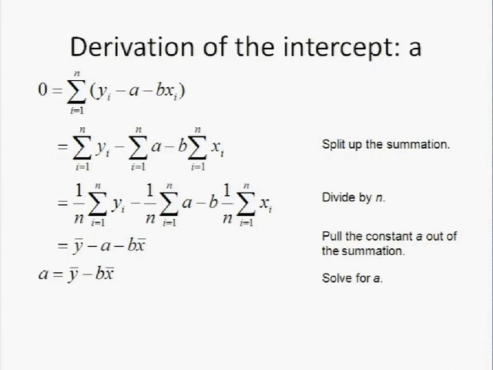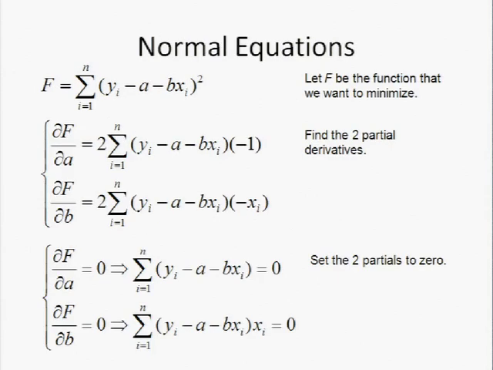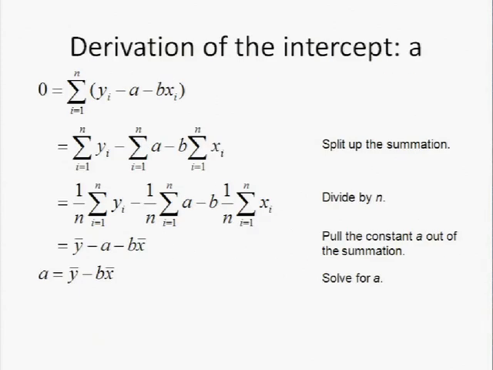All right, so let's derive the intercept a. That's actually not so bad to do. So let's go back to what we have before. We're down to this equation: the sum of yi minus a minus bxi equals 0. So let's focus on that equation again. From the top equation to the next equation, what did I do?